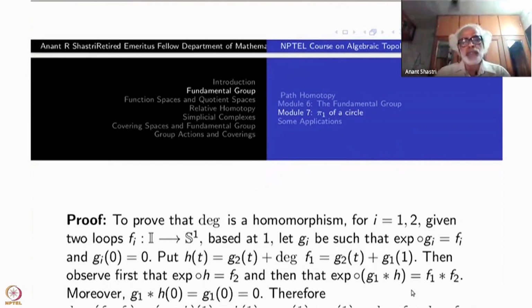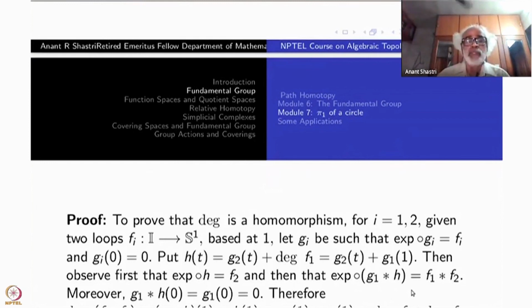G1 star H at 0 is the same thing as G1 of 0. But G1 of 0 we know is 0. So this is also satisfied. Therefore, if I take the end point of G1 star H, that must give me the degree of F1 star F2.